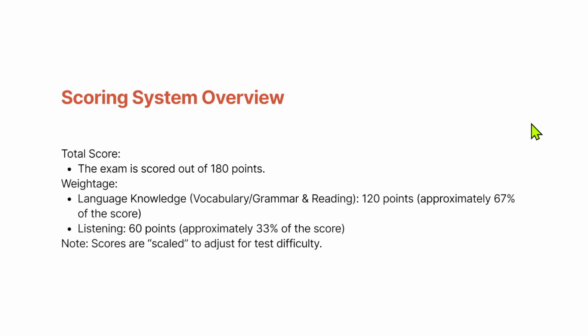Now we'll have a look at the scoring system overview. The total score for the exam is 180 points. The weightage for section 1, which is language knowledge, vocabulary, grammar, and reading, is 120 points, which is approximately 67% of the score.